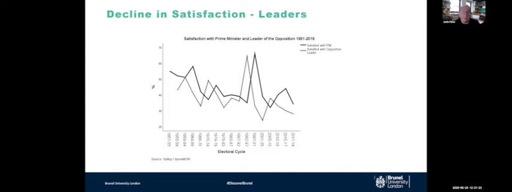Now, this is reflected to an extent in how we view our leaders, our Prime Minister and our leader of the opposition. So the solid line here is the proportion of people who are satisfied with the Prime Minister, and the dotted line are people who are satisfied with the leader of the opposition. And what we can see, broadly speaking, if we look at satisfaction with the Prime Minister, is a decline over time.